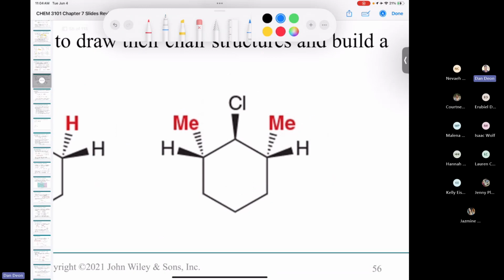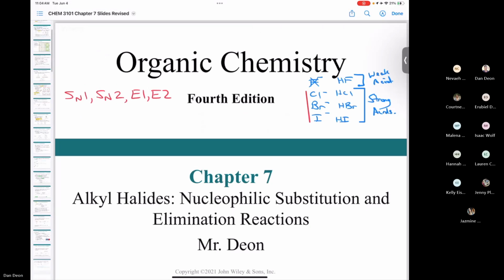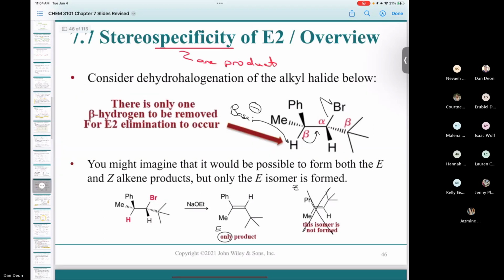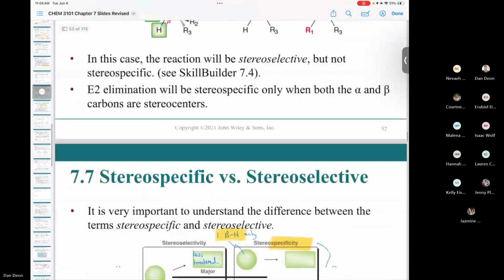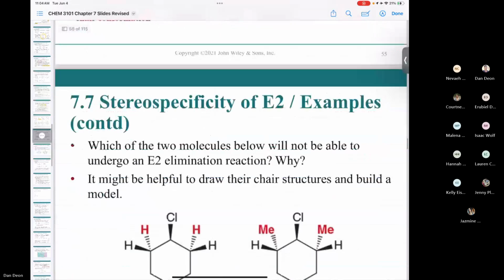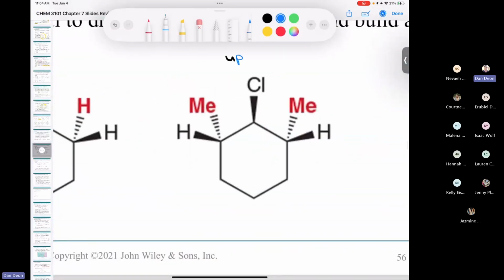If we imagine this chlorine as being up, which it is, because it's on a wedge, right? You would all agree with me on that. If we imagine that it's up and axial, then we have fulfilled the requirement for it to be a leaving group, right? Because I just told you the leaving group has to be axial on a cyclohexane.